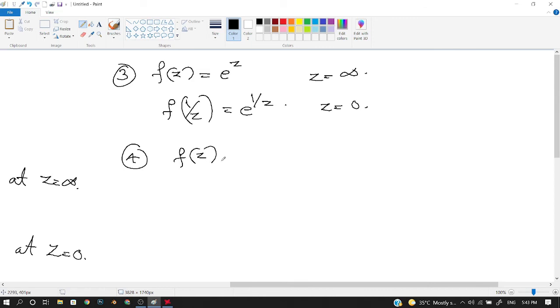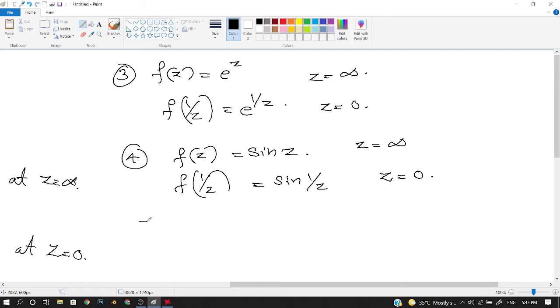Now f of z equal to sin z has an essential singularity at z equal to infinity because f of 1 by z is sin 1 by z, which has an essential singularity at z equal to 0. Now f of z equal to cos z has an essential singularity at z equal to infinity.